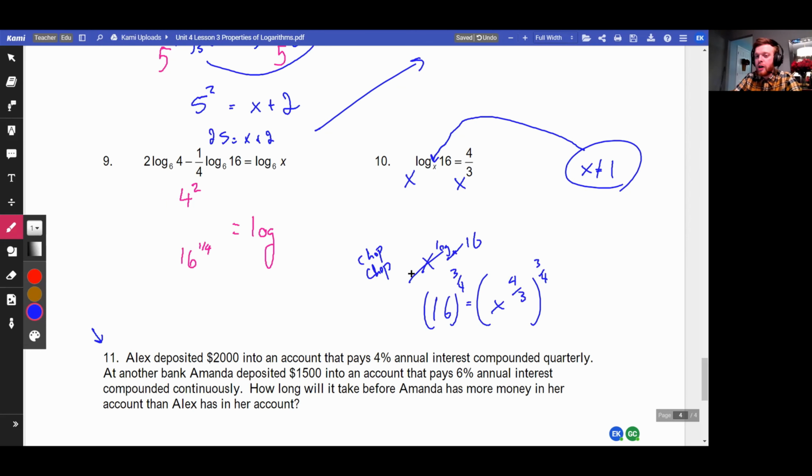No. I love mistakes. I think they're worthwhile. What went wrong? I had log base 6 divided by log base 6. Bam. So that's what I had, and it's wrong because when we're using our log properties, we don't drag the log along, but we do the operation inside the log.